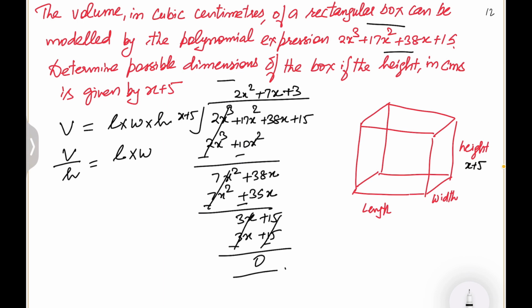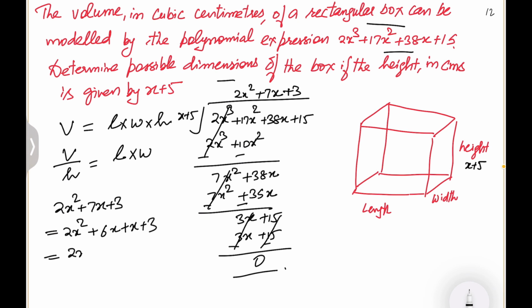So very easily, here the product of length and breadth is 2x squared plus 7x plus 3, which can be factored by the sum and product method. Here the sum is 7 and the product is 6, which may be written as 6x plus x plus 3.